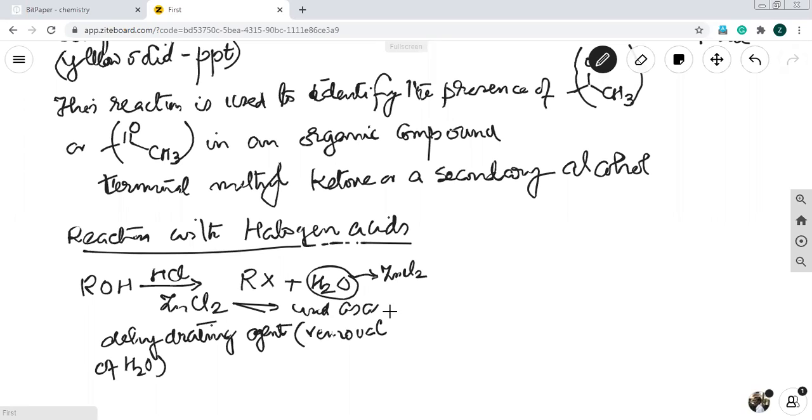Now the order of reactivity is tertiary is faster than secondary, faster than primary. Okay.